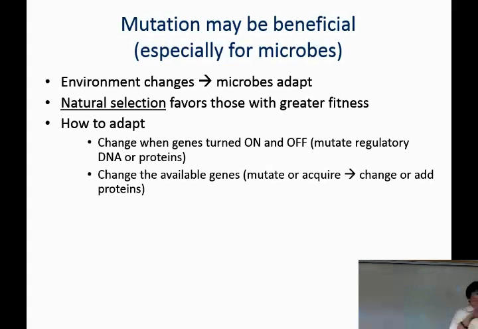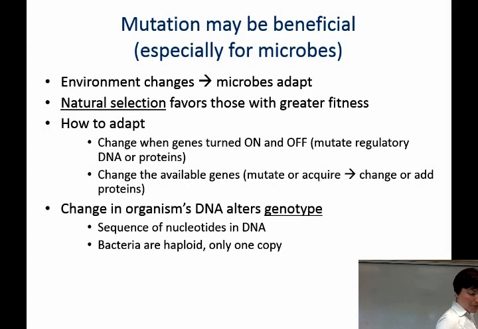So remember the structure of the operon and that operator region and the promoter region, those non-coding regions that tell the microbe whether or not these genes should be made or not. You could mutate that region so that it changes how those genes are used. Or you could mutate the proteins themselves. And if you did that, you might change the ability of the protein to do something.